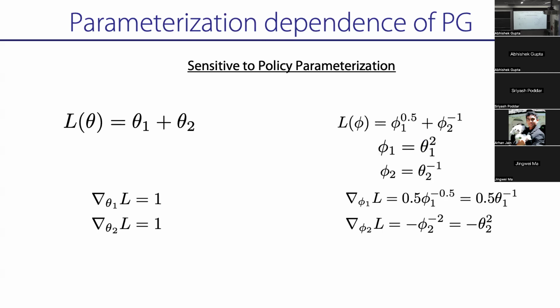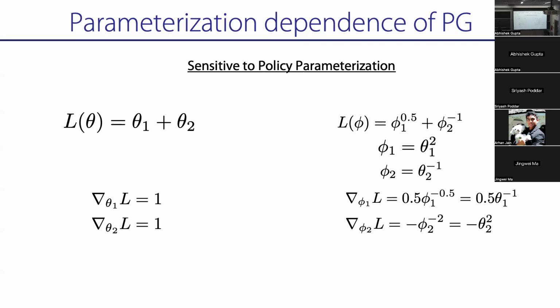Now let's consider a different parameterization. Let's reparameterize this whole problem by phi1 and phi2. Now phi1 is going to be theta1 squared, and phi2 is going to be theta2 inverse. I can rewrite my original objective theta1 plus theta2 as the square root of phi1 plus the inverse of phi2. These are the same objective.